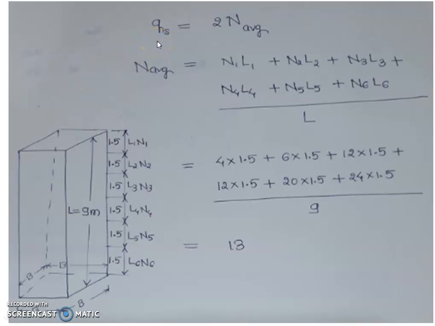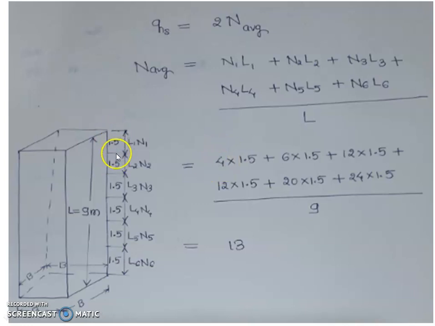Now we have found out QB. Later we have to find out what is QS. QS is equal to 2 into N average, where N average can be found out using formula N1 L1 plus N2 L2 plus N3 L3 and so on till N6 L6 whole divided by the total length of the pile. Here the value of N1 is given as 4.